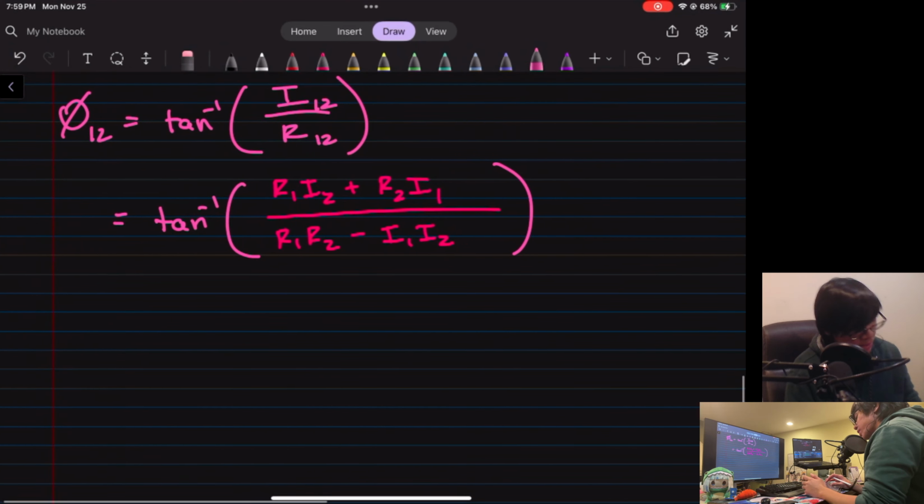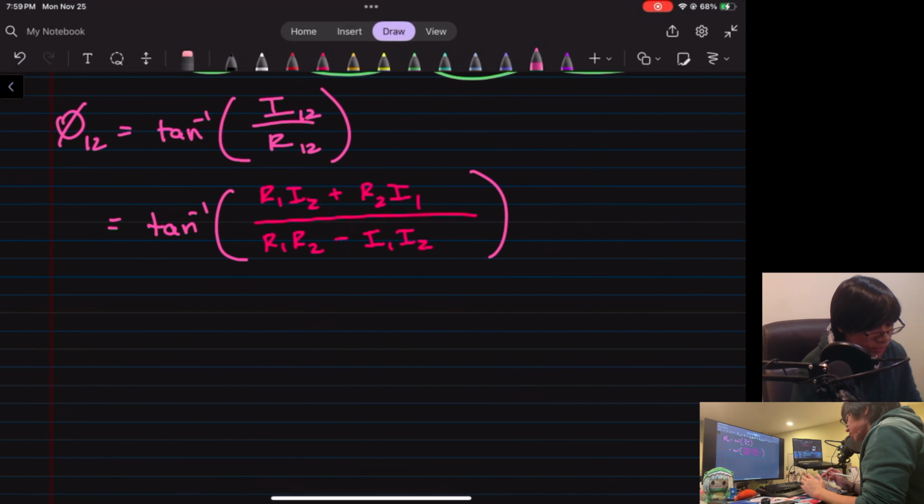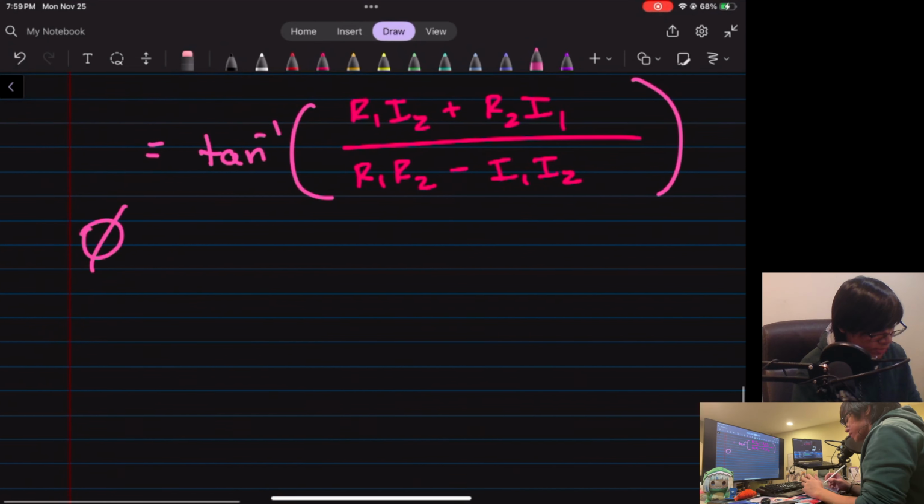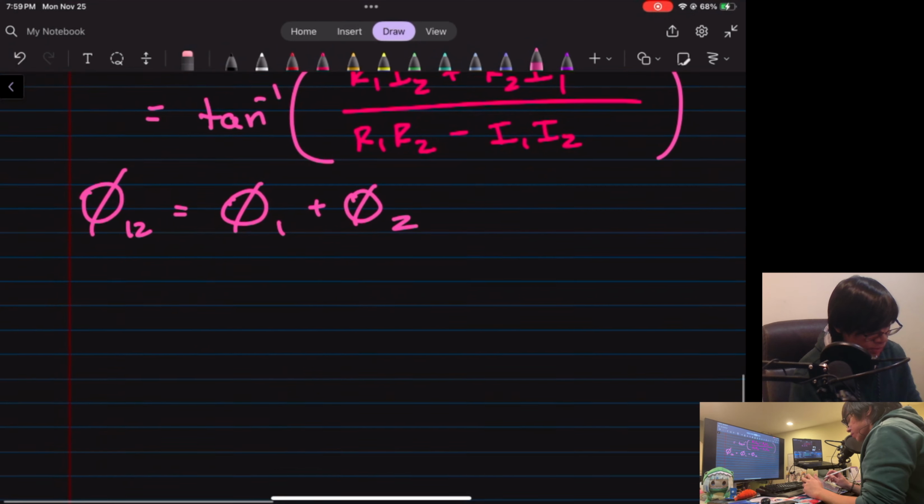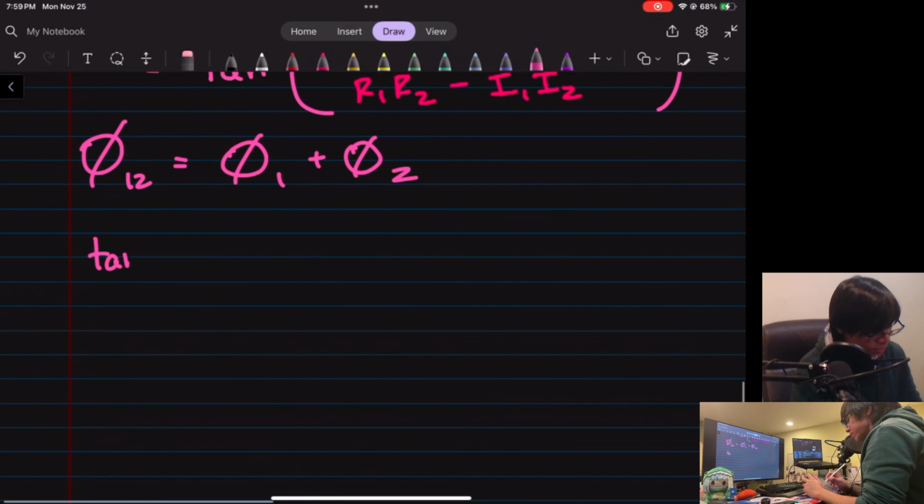So this will be using some trig identities. So for now, we'll start with saying that the phase of 1, 2 is equal to the phase of 1 plus the phase of 2. So if we do our little substitution, or not really substitution, but rewrite it, we have phi 1, 2 is equal to tangent.